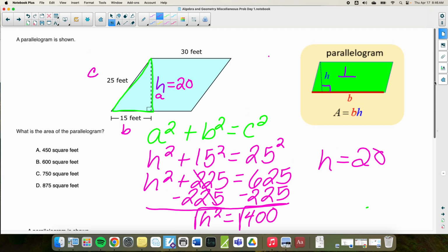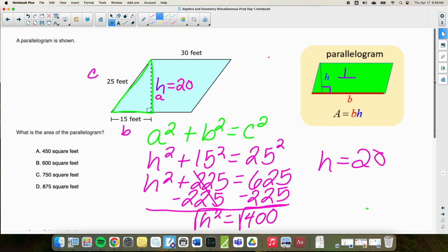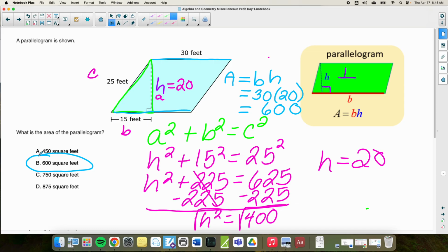So what we have to do is find the area, which is base times height. Now, do you guys get it? This base would be 30, okay? So it'd be 30 times that height. What's 30 times 20? 600, very good. So this could be one they don't let you use a calculator on.